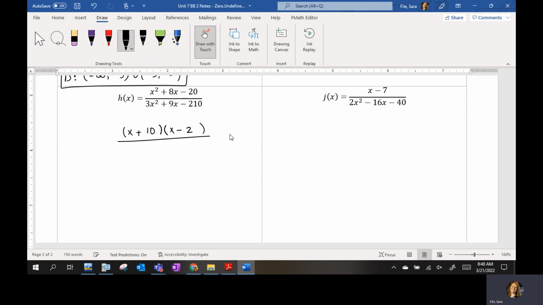Now, the factoring with the denominator is a little tougher unless I can factor out that 3. That's going to make our lives easier, which in this case, I actually can. So if I do that first, that then becomes 3 times x squared plus 3x minus 70.